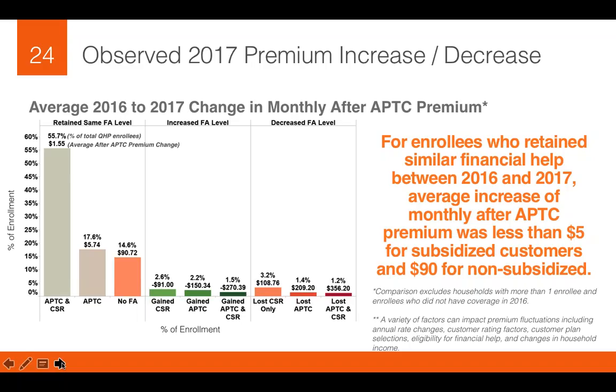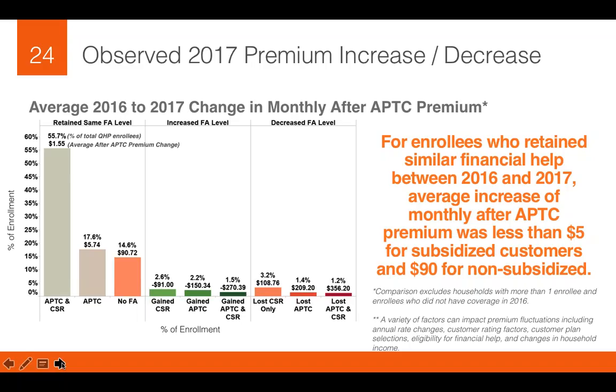That category accounts for about 55% of the population. Additionally, the APTC only individuals experienced roughly a $5.74 increase after APTC on a monthly basis. And the non-subsidized population experienced the largest increase, as you might expect. Their average increase was about $90.72.